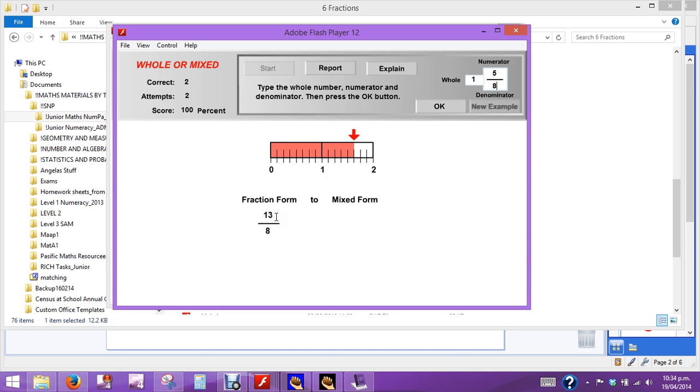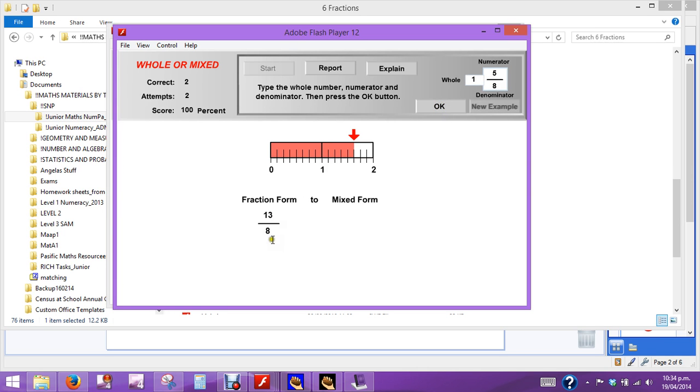Can I make it twice? 8 twos are 16. I've gone beyond 13, so I haven't got 2. I've only got 1. So I've got 1 eight in 13, and that just makes 8, but I've got 13 there. So if I take away 8, then I have 5 left over.